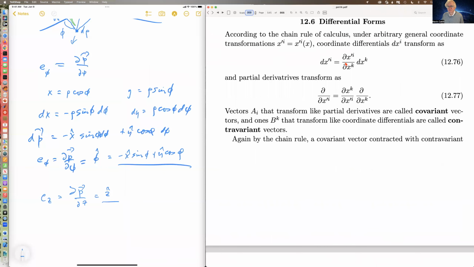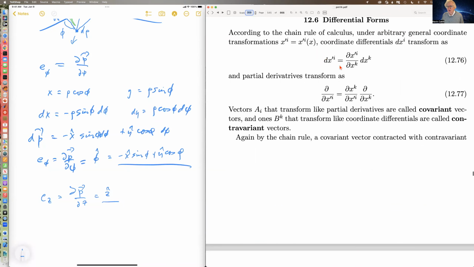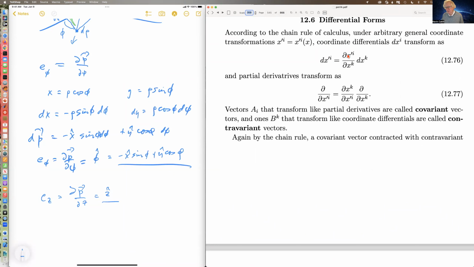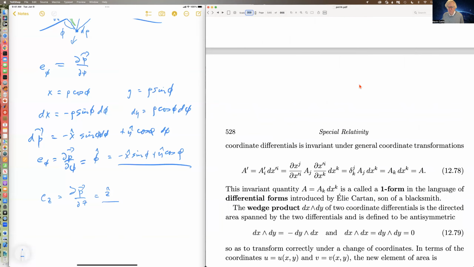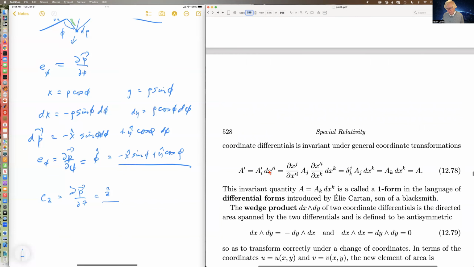So we have, of course, dx_i prime is this partial times dx, and these are, as I said to you yesterday, the covariant vectors, and the differentials of the coordinates are contravariant vectors, and altogether what you've got is something that's called a one form.